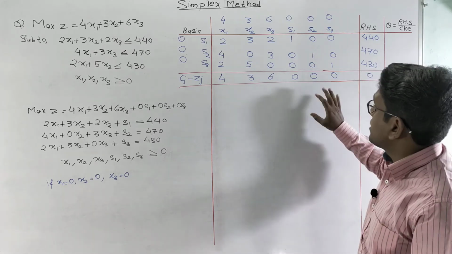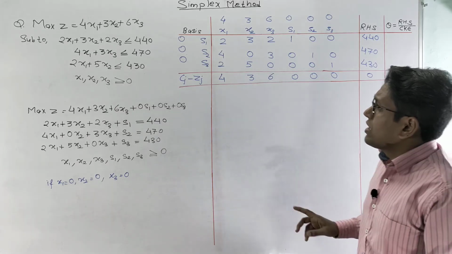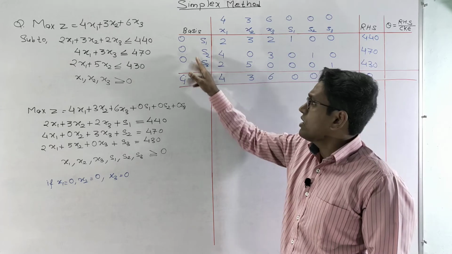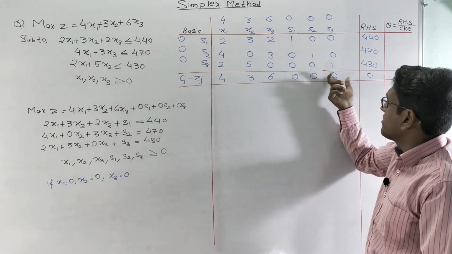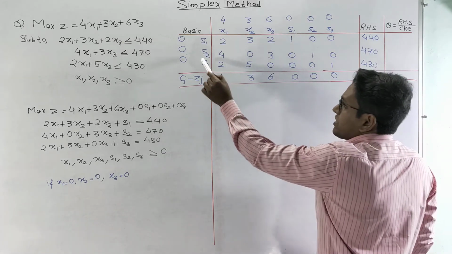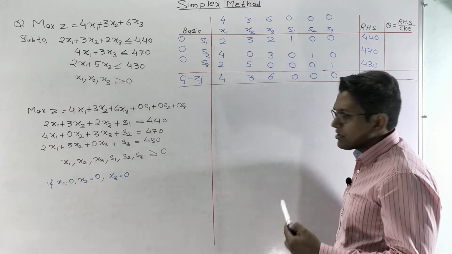So in the previous lecture also we have seen that the variables in the basis column will have the Cj minus Zj value as 0. Here we can see that S1, S2 and S3 are initially in the basis column and are called basic variables.